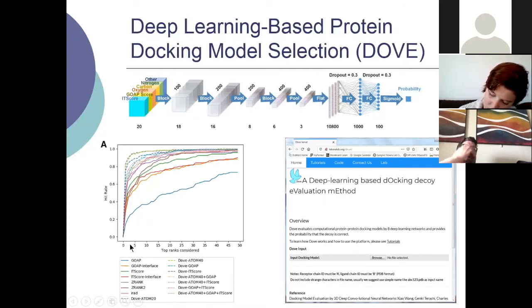Top ranks considered. So what we have is a decoy model set.